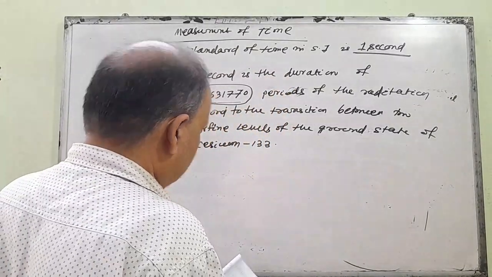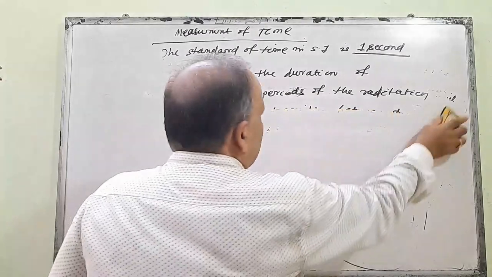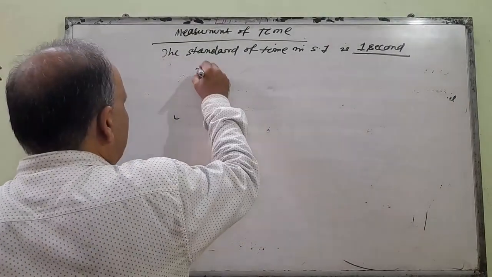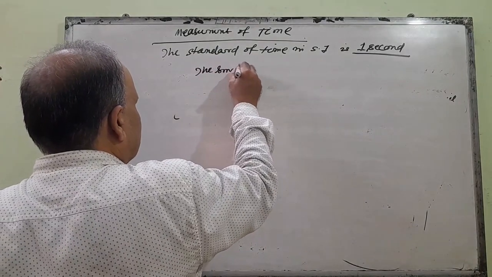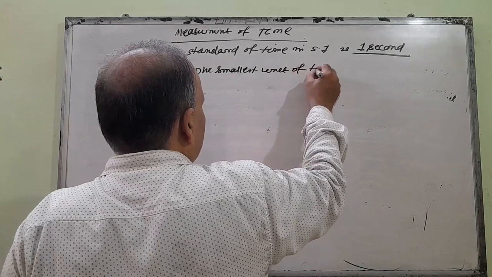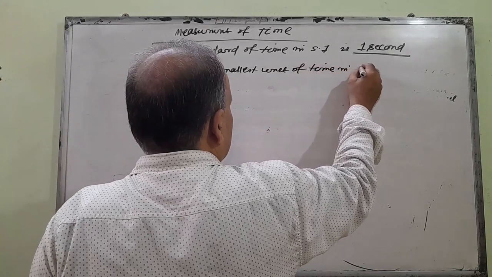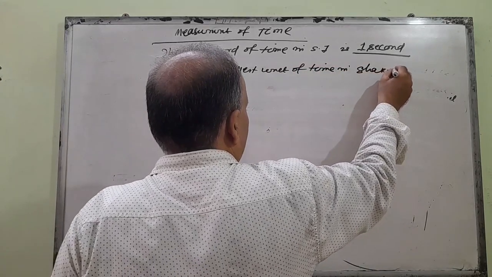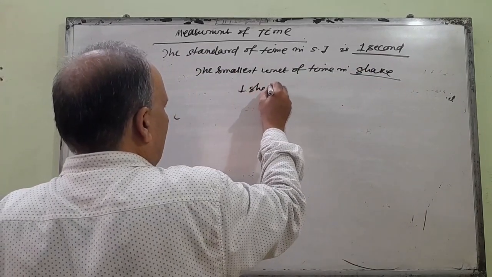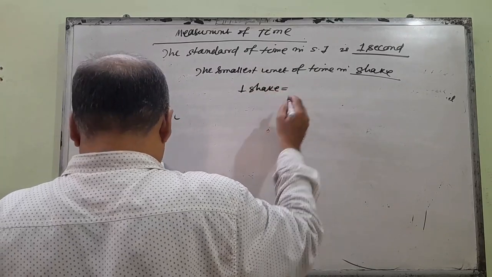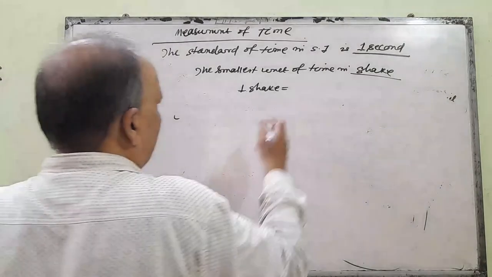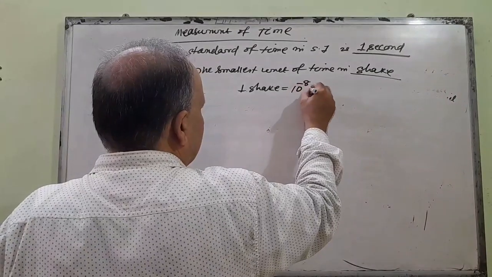You see some other measurements. This is the 1 second. The smallest unit of time is what? It is shake. You remember shake, not second. 1 shake is equal to 10 to the power minus 8 second.